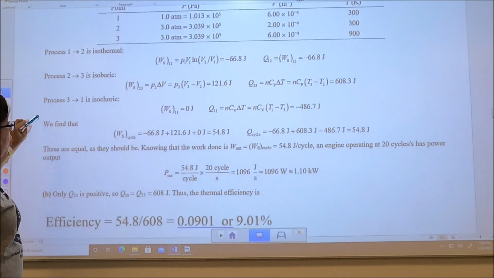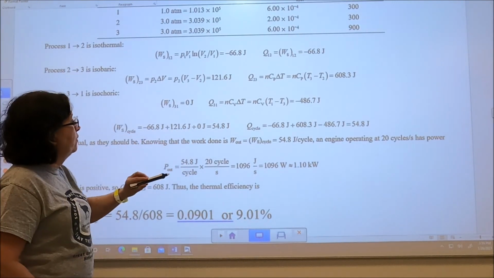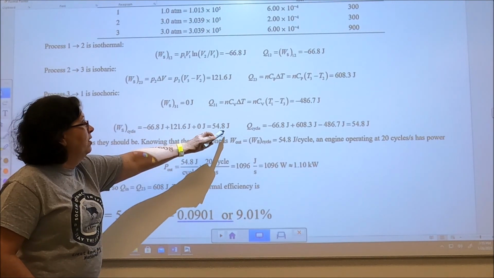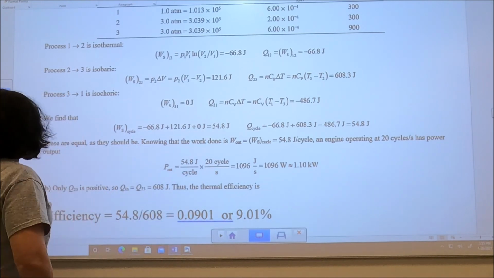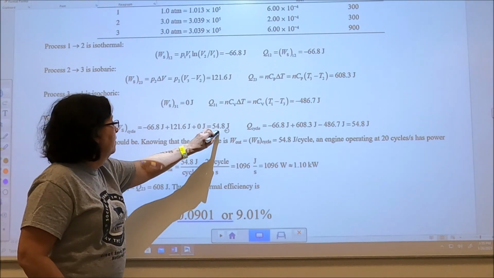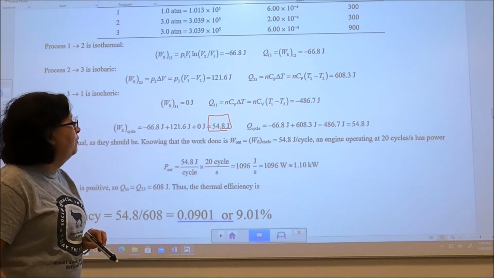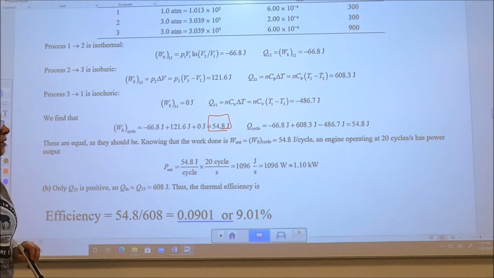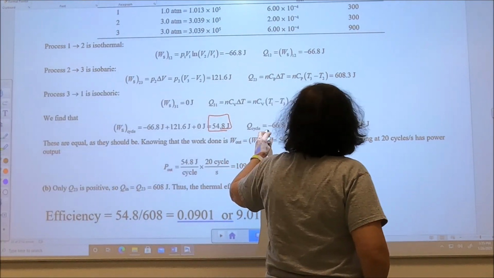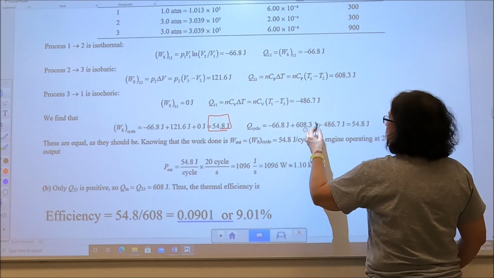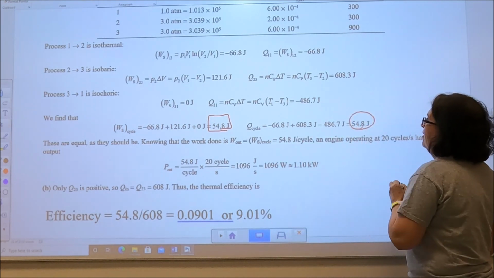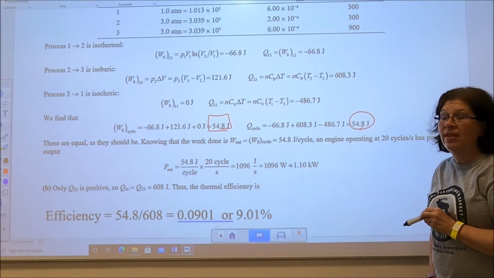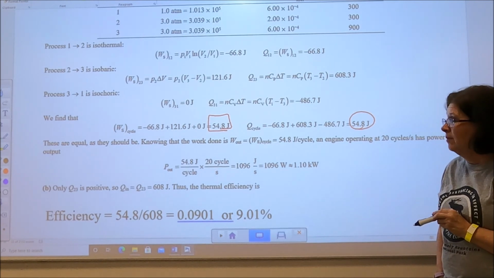So to find the work per cycle, I add up the work for the 3 steps, and we get 54.8 joules. The Q per cycle, I add up the Q's from the different steps, 54.8 joules. They should be the same.